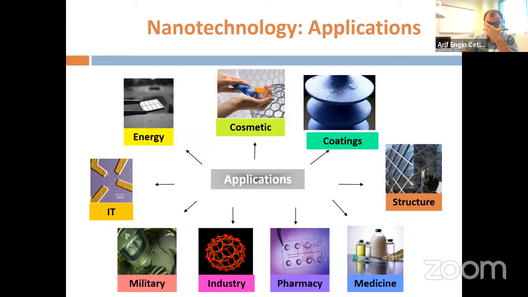Now, maybe we can focus more on the application of nanotechnology. If you look at this slide, you will see nanotechnology could be used in different application fields: energy, cosmetic coatings, structure, medicine, pharmacy, industry, military, even in computer engineering.